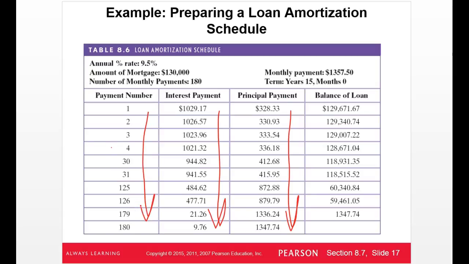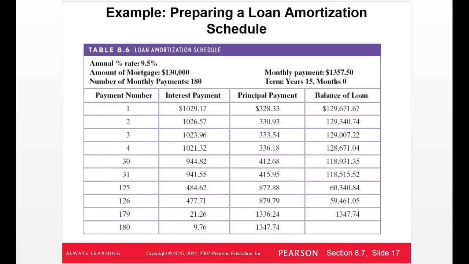Notice we start skipping around right in here, but just so you can see the growth of the amount that we're applying to principal. It's always that $1,357.50. If you add any two of these along the way, you'll see that it adds to that monthly payment.